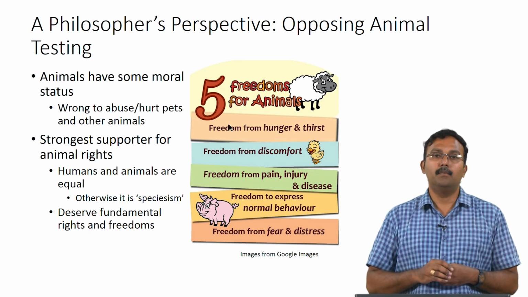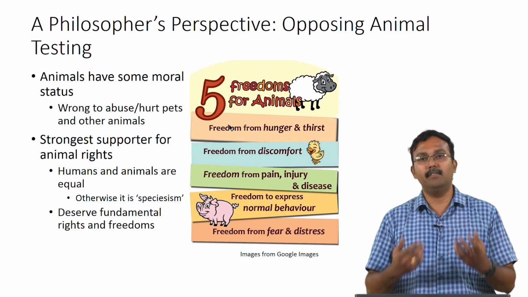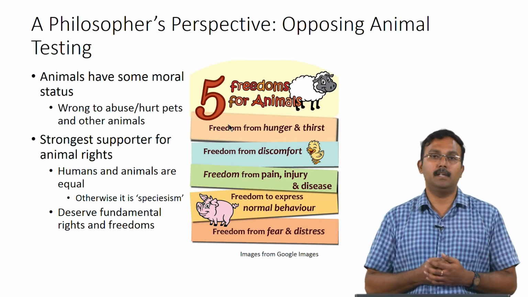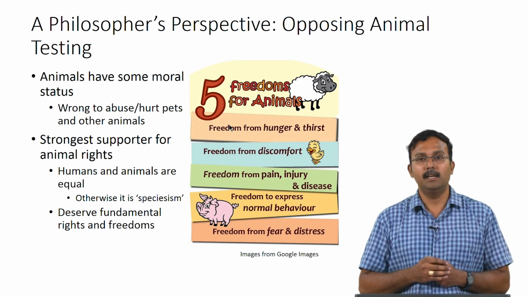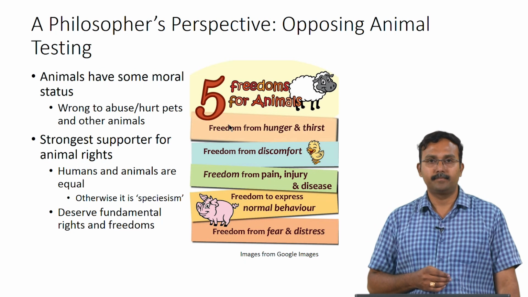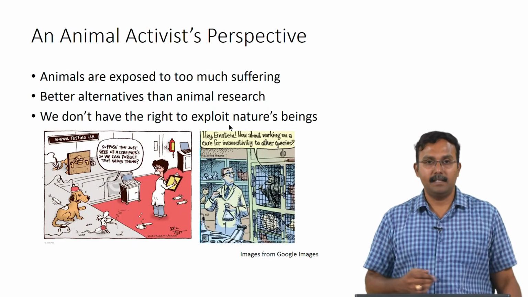created. When we are performing animal testing, some of these basic freedoms are actually violated, which means animal testing should not be done. So, this is a philosopher's perspective opposing animal testing. Finally, you also have the animal rights activists.